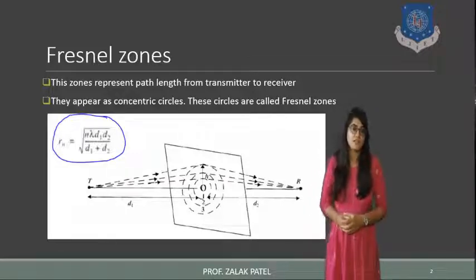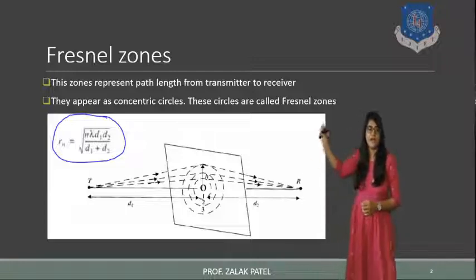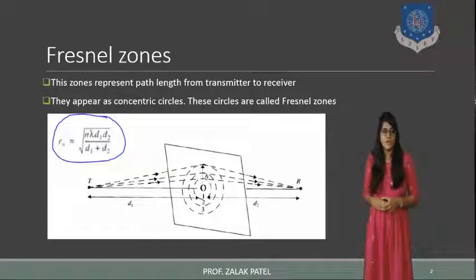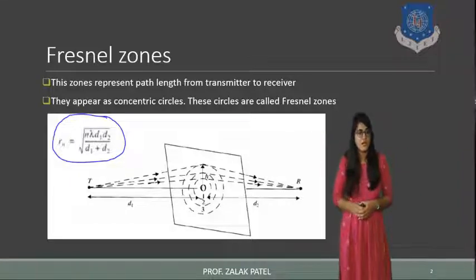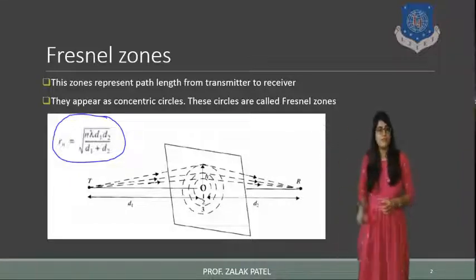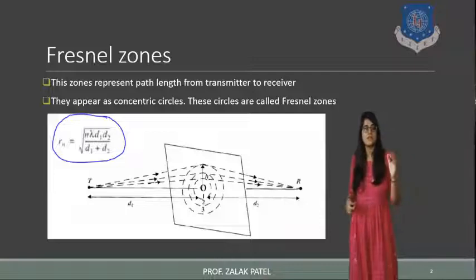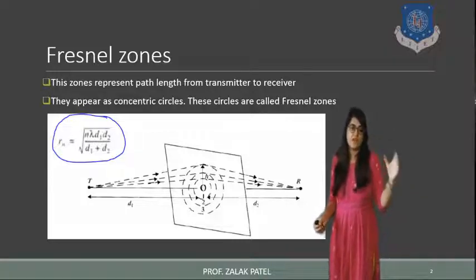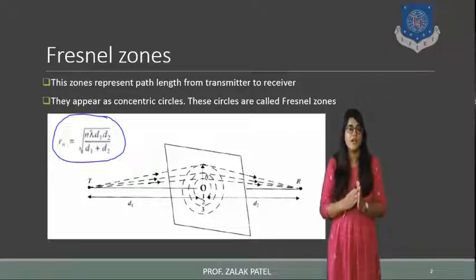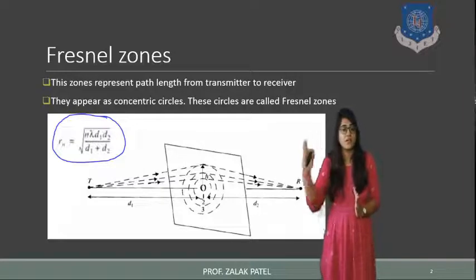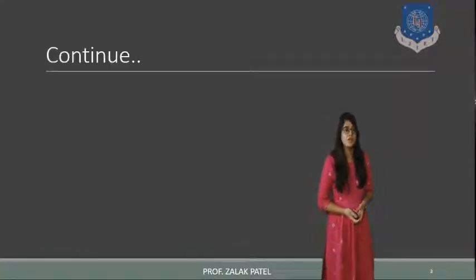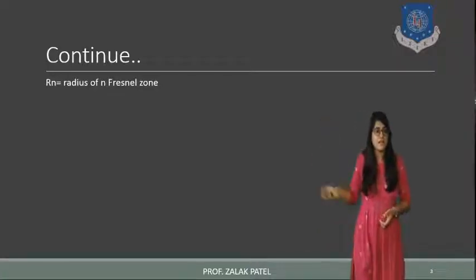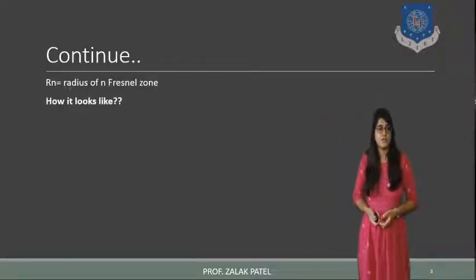That is given by the square root of n lambda d1 d2 upon d1 plus d2, where n is the number of the circle, lambda is the wavelength, and d1 and d2 are the distance from transmitter to obstacle and from obstacle to receiver respectively. Here Rn is the radius of the Fresnel zone.